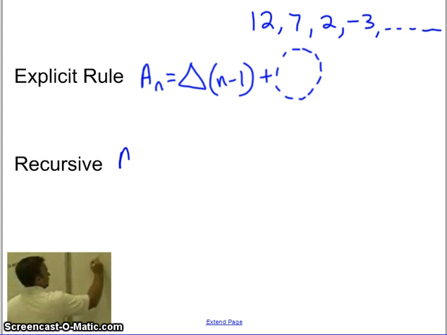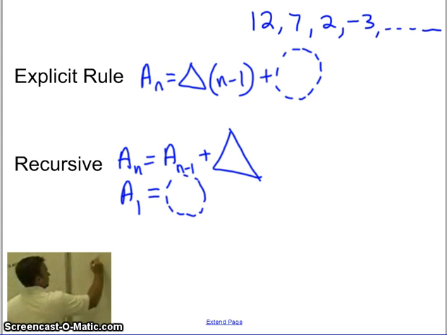The recursive rule is a sub n equals a sub n minus 1 plus the triangle, whatever goes in there, and a sub 1 equals whatever's in the circle. Again, the triangle represents the common difference.